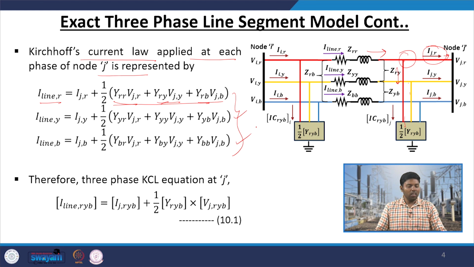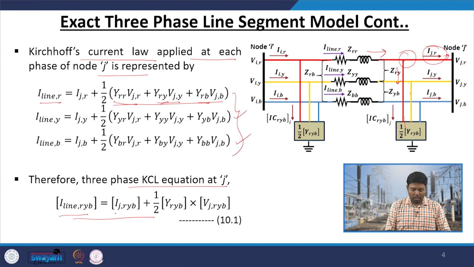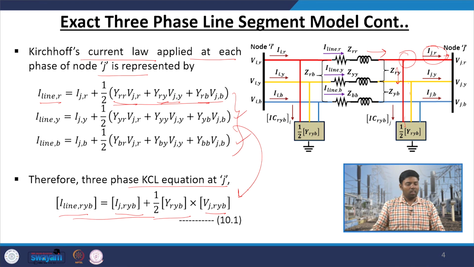So, for r y b, you get your 3 line current expressions. If you represent it in matrix form, you see I line r y b equals I j r y b plus half of y r y b and v j r y b, just representing these 3 equations in a matrix form.